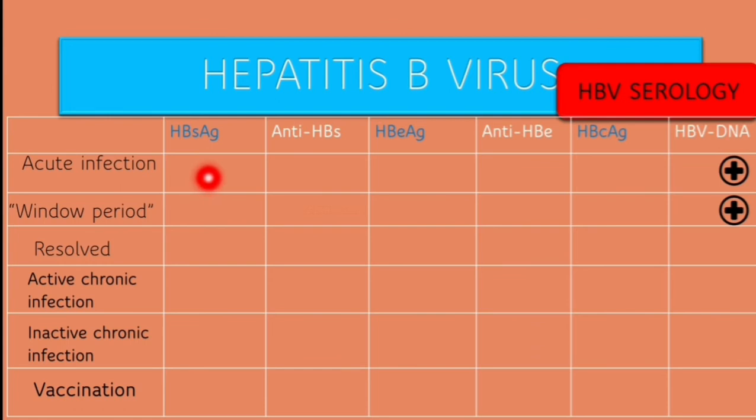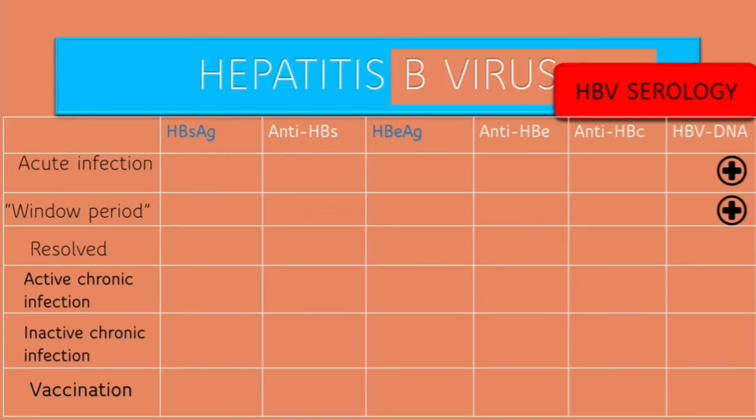So let's begin. During acute infection, yes, you will see the HBV surface antigen, right? But at this period, our body is not yet producing antibodies against this antigen, so the antibodies will be absent. The other antigen is the envelope antigen.